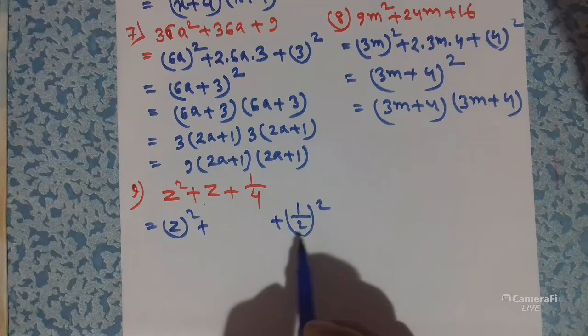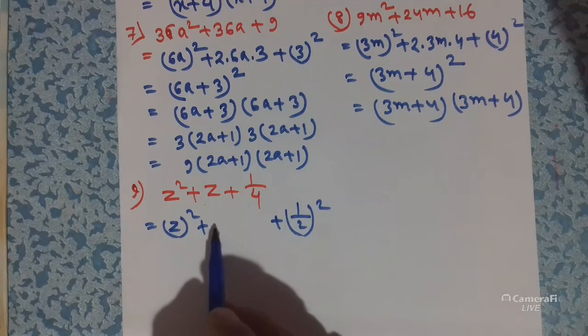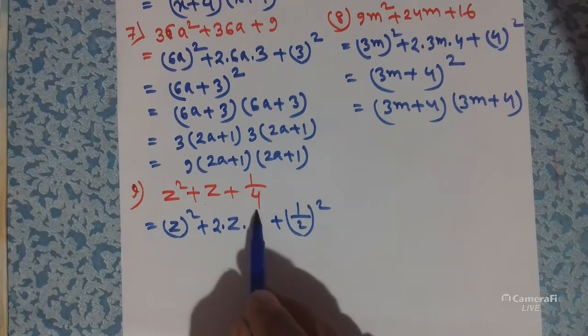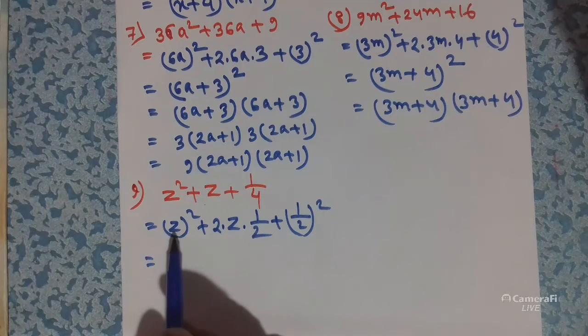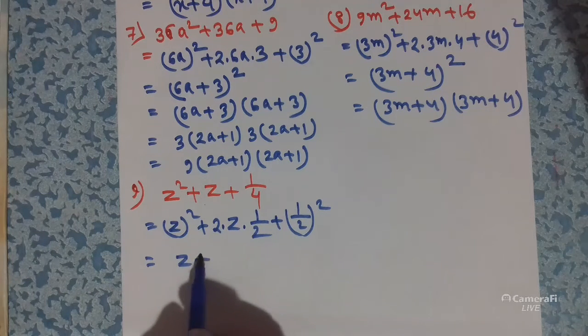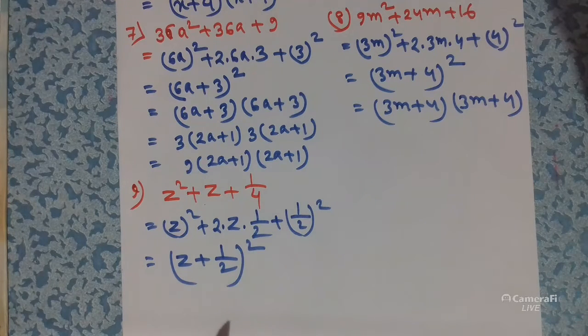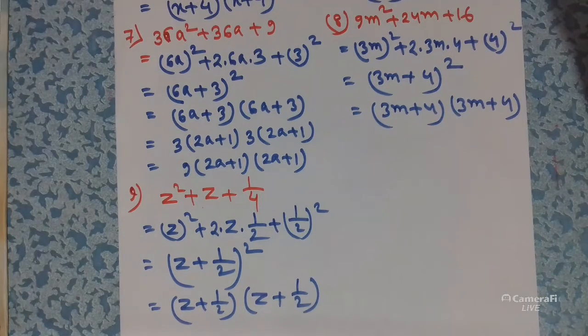So 1 by 2 whole square means 1 by 4, and in the middle 2ab will be there. So 2a means z and b means 1 by 2. So it is in the form of a square plus 2ab plus b square, that means a plus b whole square, that means z plus 1 by 2 whole square. So z plus half into z plus half.